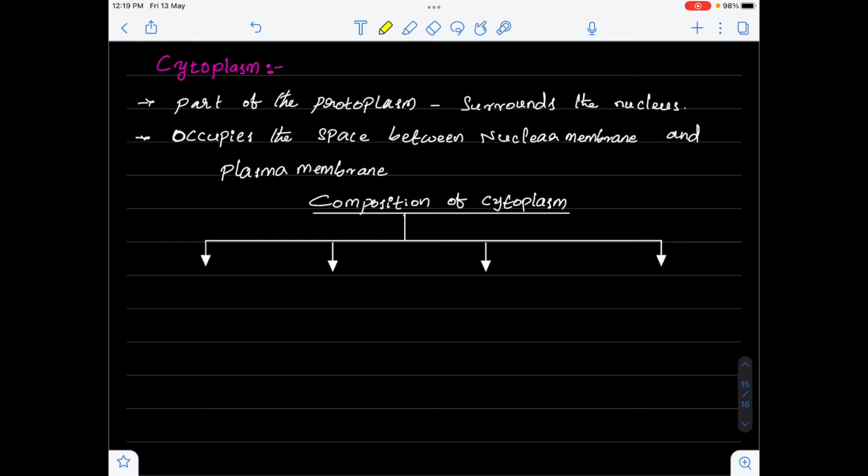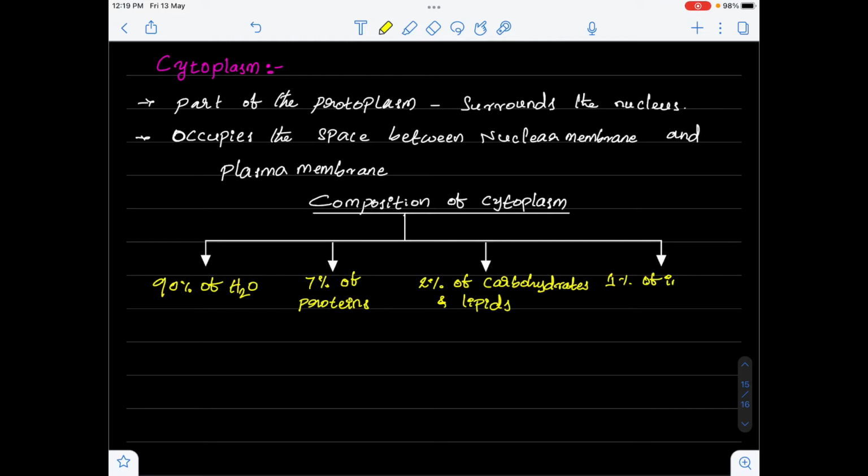The cytoplasm contains mainly 90% of water, 7% of proteins, 2% of carbohydrates and lipids, and 1% of inorganic materials, minerals and vitamins, etc. This is the chemical composition of cytoplasm.